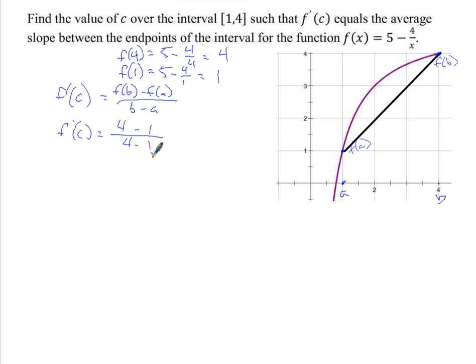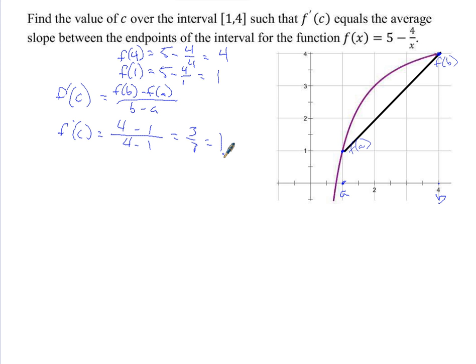Okay? So that's 3 over 3, which reduces down to 1. It's kind of a bummer that we wound up with 4 minus 1 over 4 minus 1, because if you got lost here, you might not know where these numbers came from. But this is y2 minus y1 over x2 minus x1. So we get a slope of 1 for the secant line.